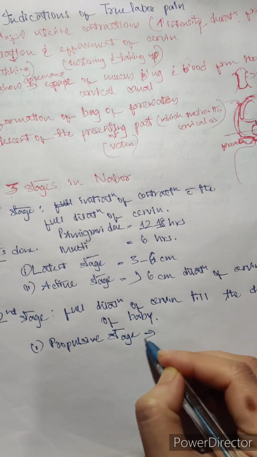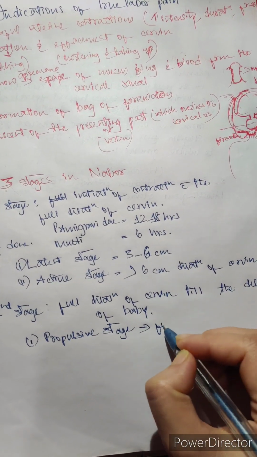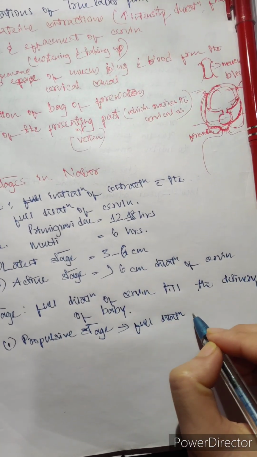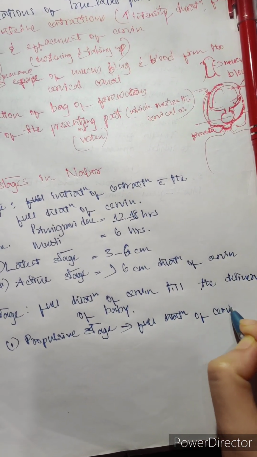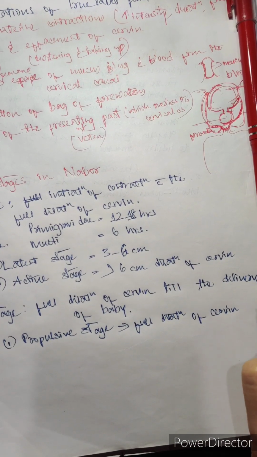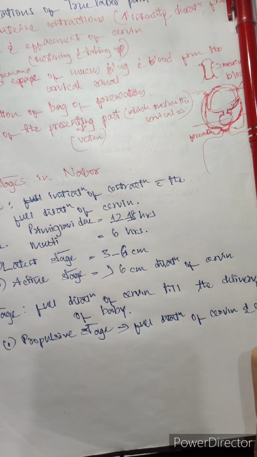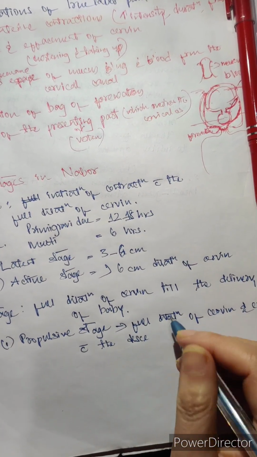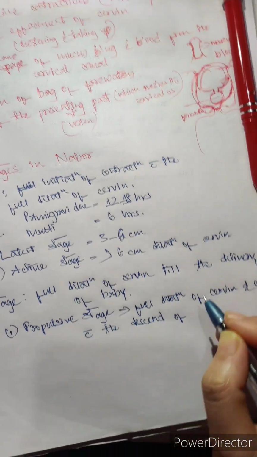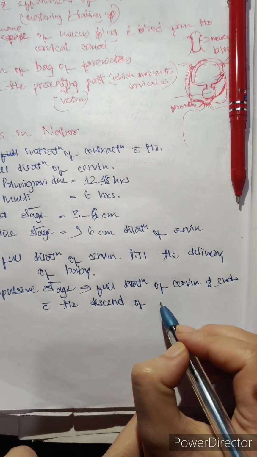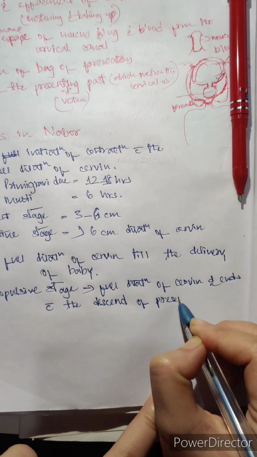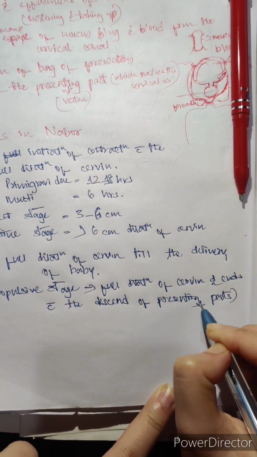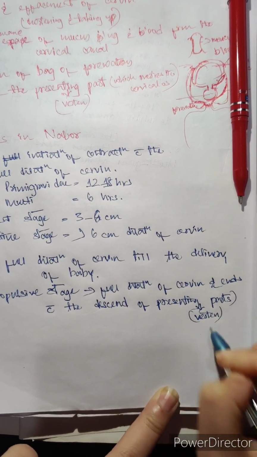The propulsive stage starts from full dilatation of cervix and ends with the descent of the presenting part, which is the vertex.